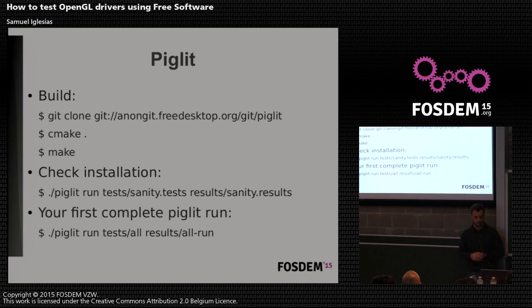Then the first step you need to do is check the installation to see if everything is fine. So you need to run the sanity test profile. I'm going to explain later what a test profile is. And if everything goes fine, you are ready to run your first complete Piglit test suite.